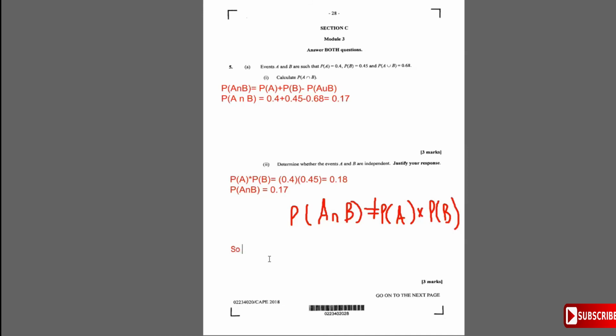So A and B are not independent events. That's that.